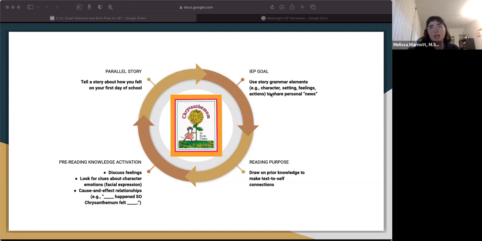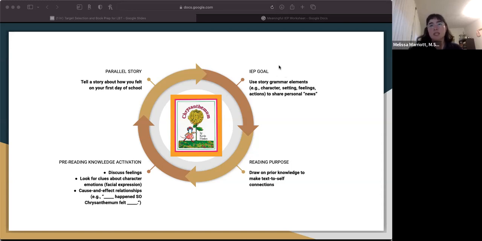So I had a student, I have many students, but I had one in particular whose goal was using the elements of a story, right? Character, setting, feelings, actions, to share personal news. We wanted him to be able to talk about what he did over the weekend, or things that were going on in his life.